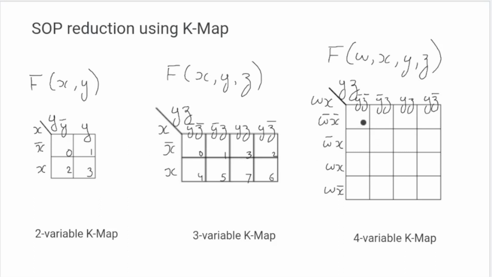And in 4 variable K-map, the numbering will follow the similar pattern: 0, 1, 2, 3, 4, 5, 6, 7, 8, 9, 10, 11, 12, 13, 14, and 15.